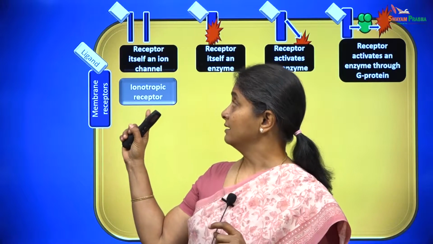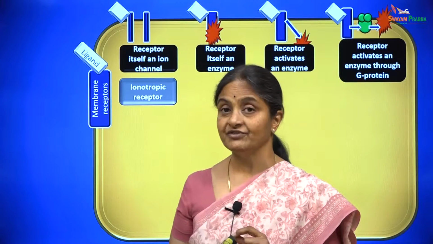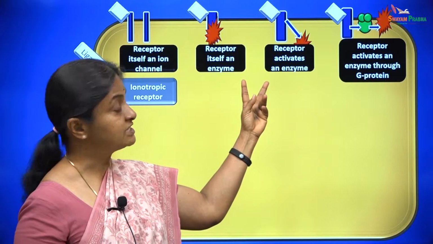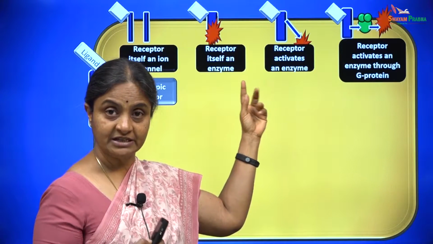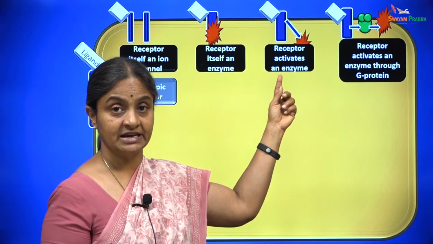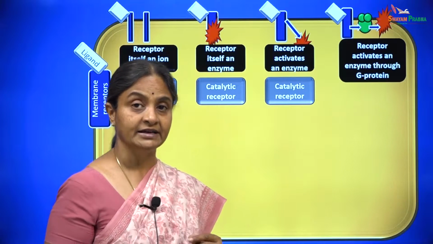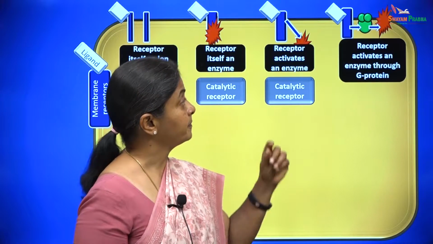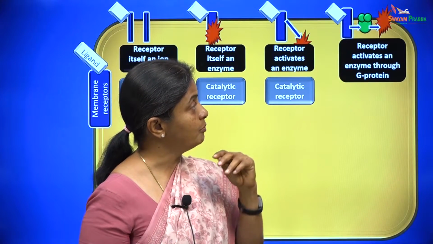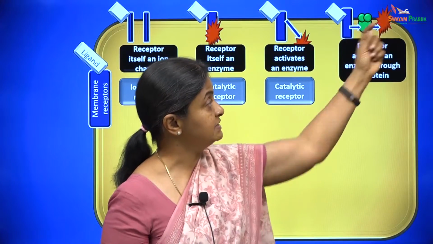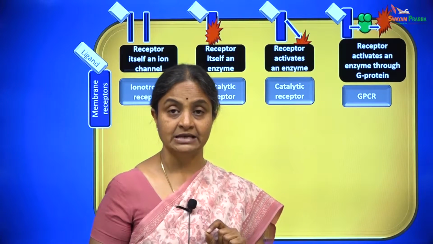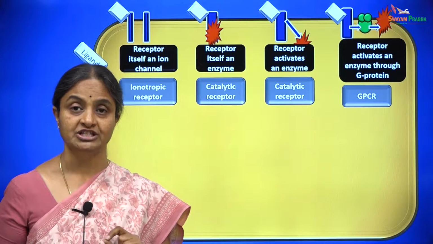So, while this type of receptor is referred to as an ionotropic receptor, the term that we give these types of receptors, where the receptor itself is an enzyme or where the receptor directly activates an enzyme, these are called catalytic receptors. And if the ligand receptor combination activates a membrane enzyme through a G protein, we refer to that type of receptor as a G protein coupled receptor or a GPCR.